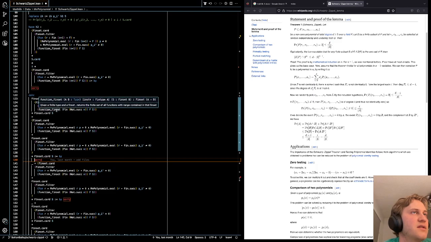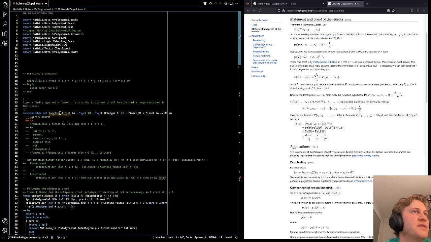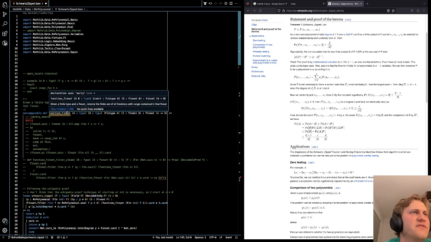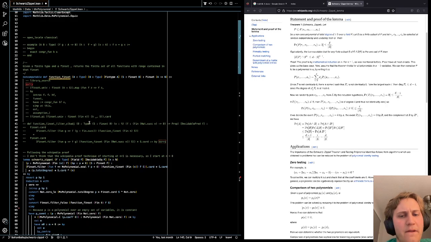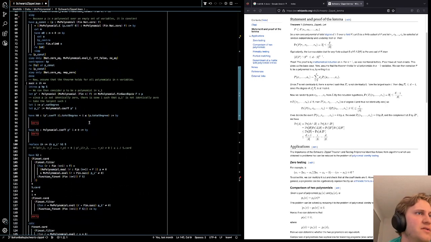I also have this function pi finset, which, given a finite type and a finset, returns the finite set of all functions with range contained in that finset. This is a little annoying because I feel like there's probably some better way of expressing this. I might have even asked this on the forum before, and I think I got an answer which involved using something from the library that I didn't understand, unfortunately.